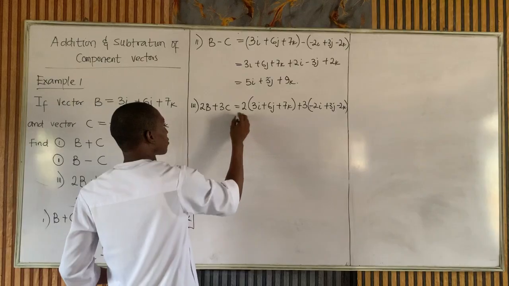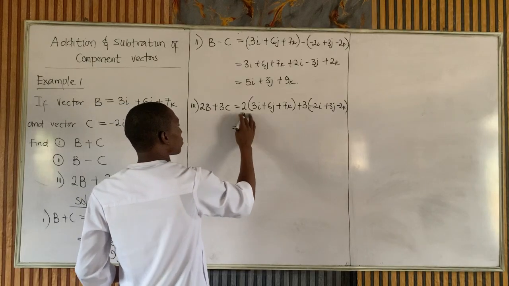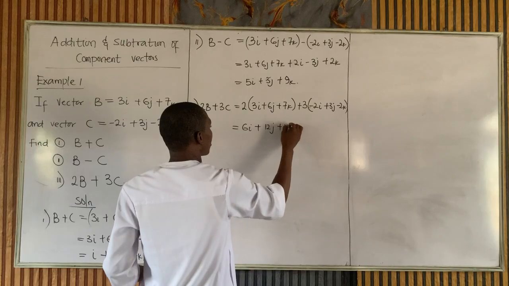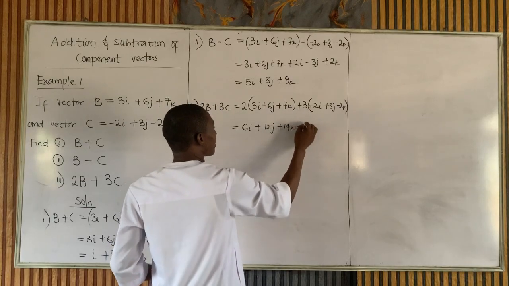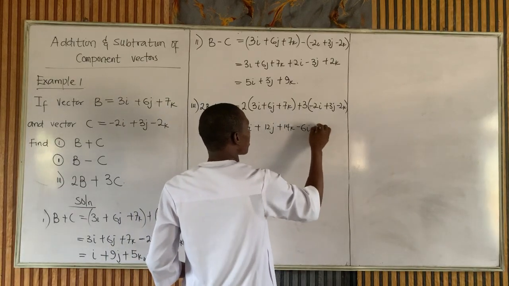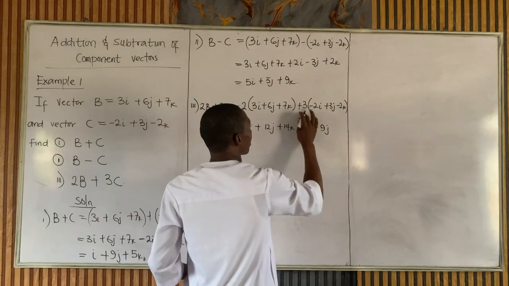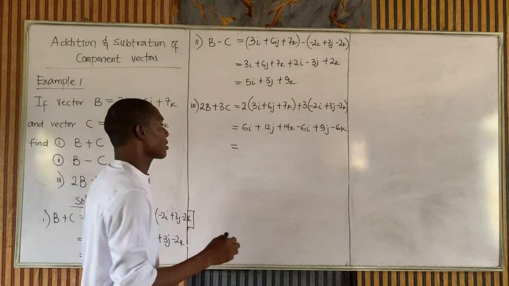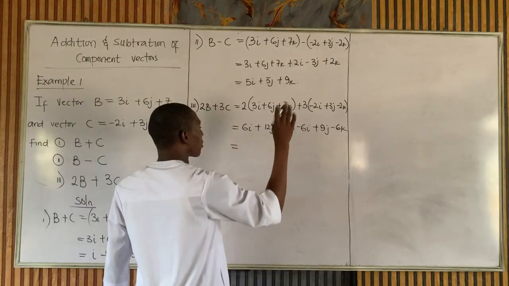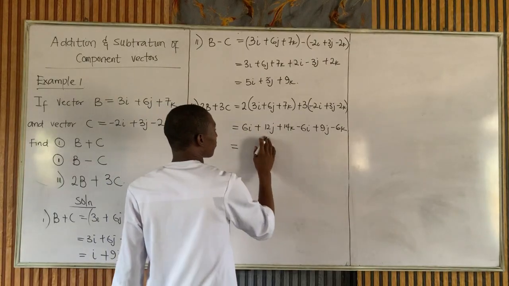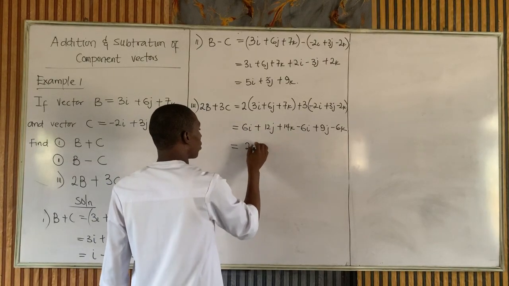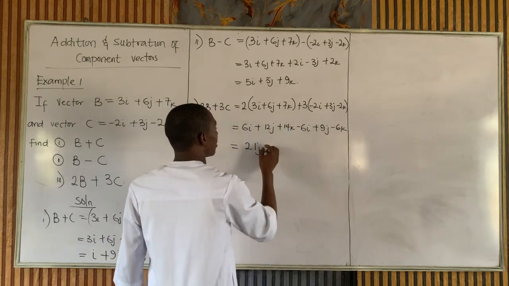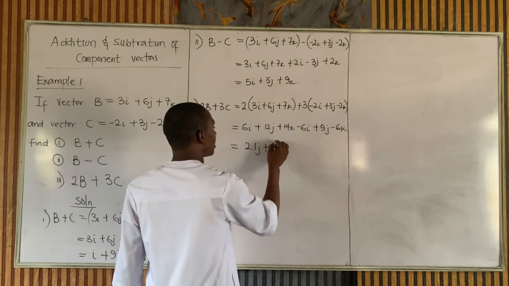So this is going to give us 2 times 3, 6i, 2 times 6, 12j, and 2 times 7, 14k. 3 times minus 2, minus 6i, 3 times 3, plus 9j, and 3 times minus 2, minus 6k. So if you add this, 6i minus 6i will go to zero. 12j plus 9j will give us 21j. And then 14k minus 6k is going to give us plus 8k.